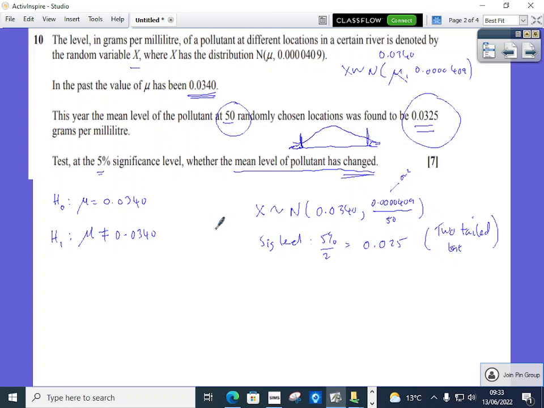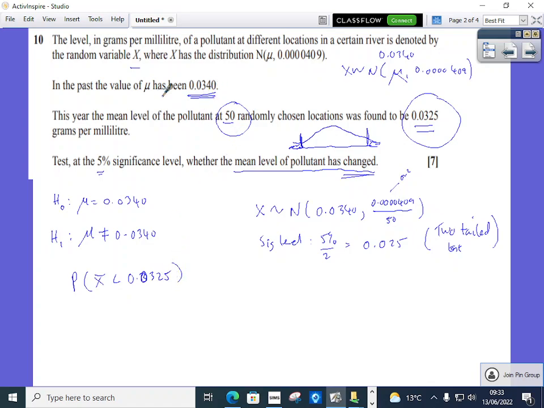First of all, you need to know whether it's greater than or less than. So we need to make a choice. Is that smaller than that? They could have made it a bigger number, but in this case it is smaller. Can you see that? So we set it up and say: what was the probability that the mean they found is less than 0.0325?